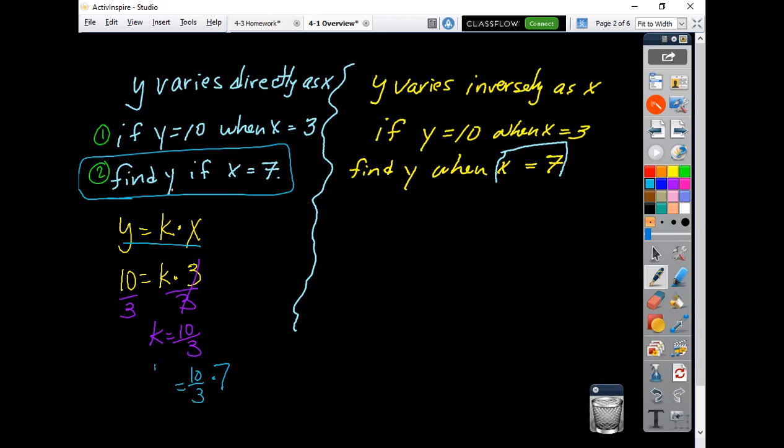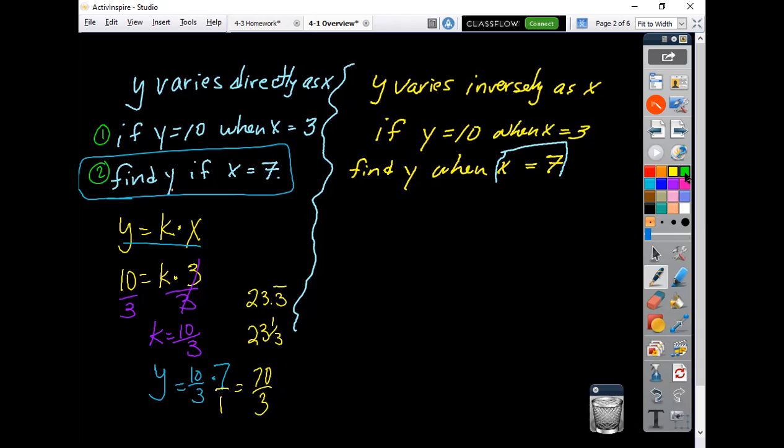We get the y value for that, which, if you put the 7 over 1, 7 over 1 is the same as 7. And remember, multiplying fractions, you multiply straight across. So 70/3, or if somebody wanted to divide that out, that's 23 1/3, or in decimal 23.3 repeating, whichever form they're looking for.